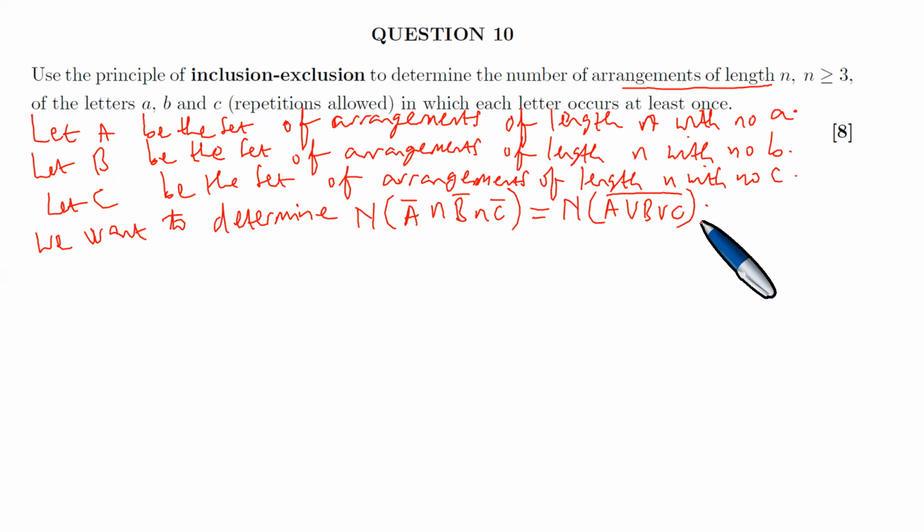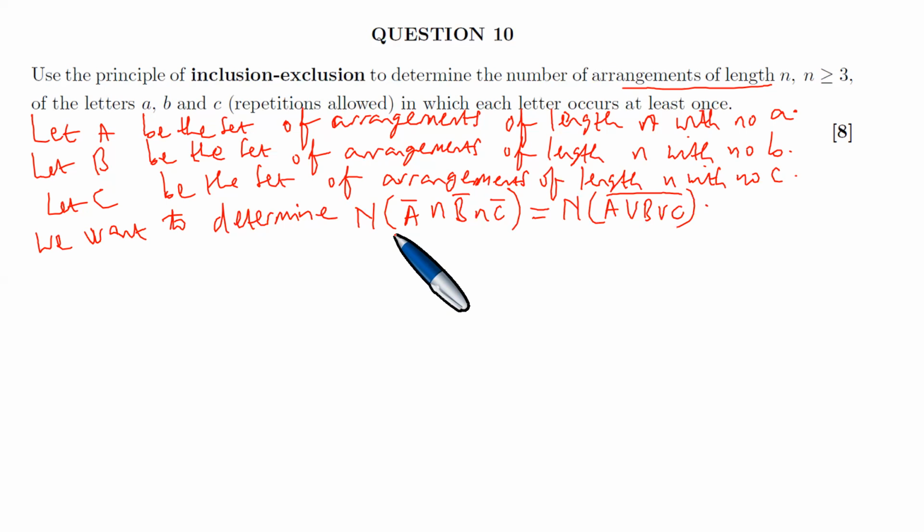We want to determine those in which each letter occurs at least once. So if one determines the number of the arrangements in which you have the complement of A, the complement of B, the complement of C, which means it's the complement of A union B union C. We can analyze what this means.